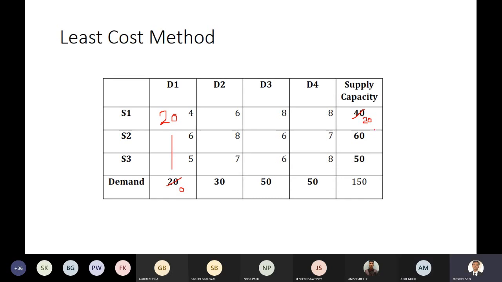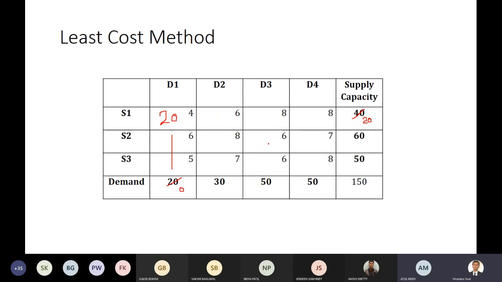Now, which is my next least cost cell? S1 D2. At the same time, I have S2 D3 and S3 D3 also. So I can choose to allocate in any of these 3. Now, which one to choose? If I go with S1 D2, how much will I be able to allocate here? 20.